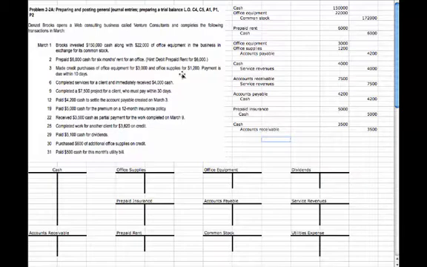Okay, we're going to do one more and then I'll let you do the rest of these journal entries. And this last entry says we completed work for another client for $3,820.